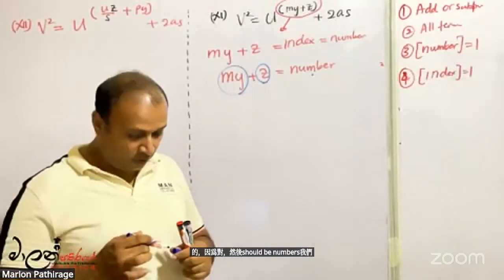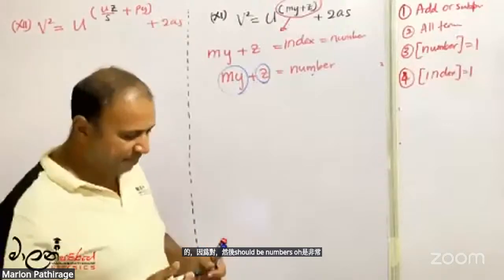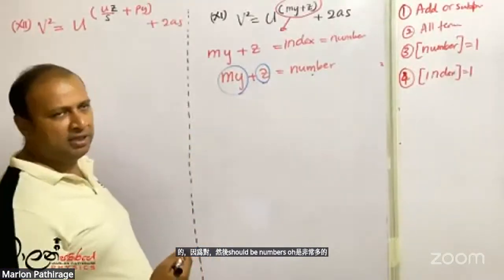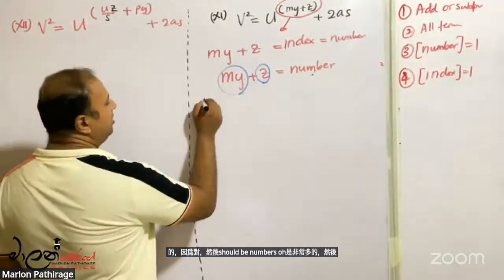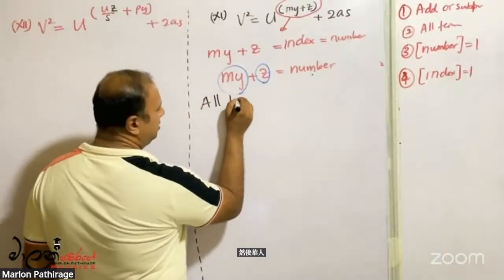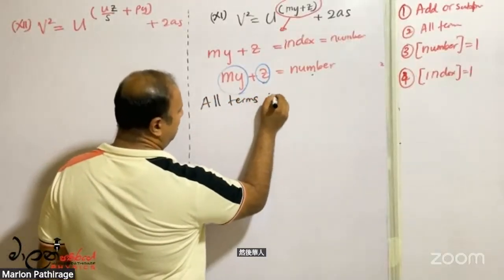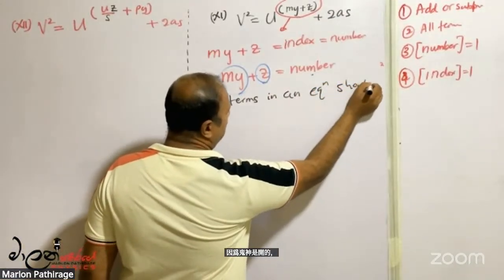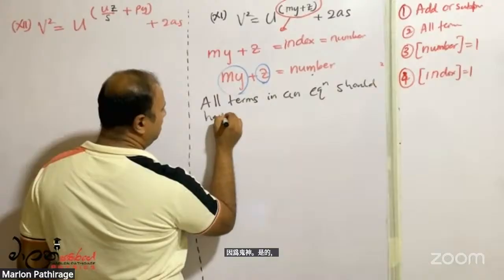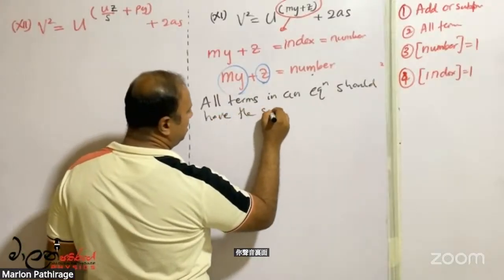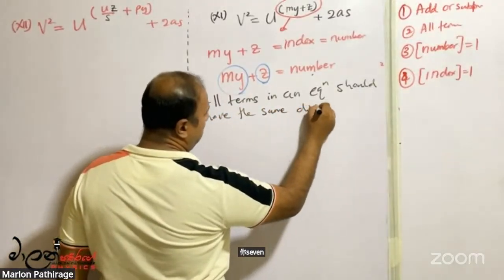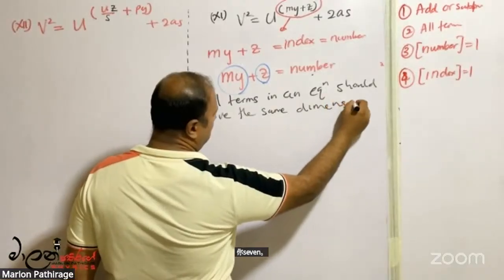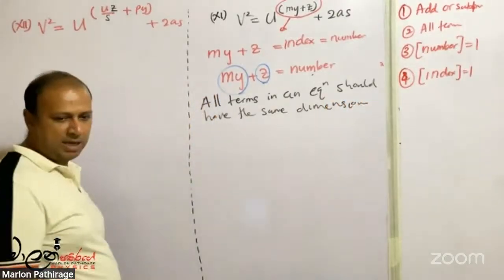My next logic is that all terms in an equation should have the same dimension.